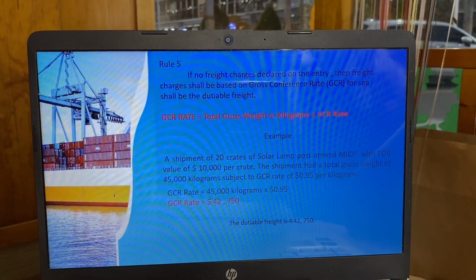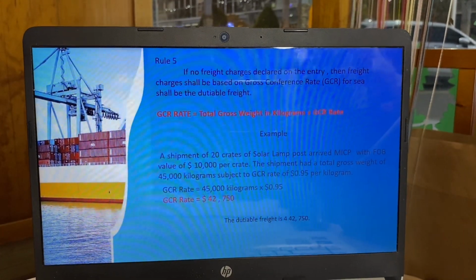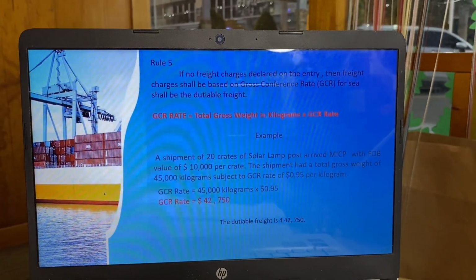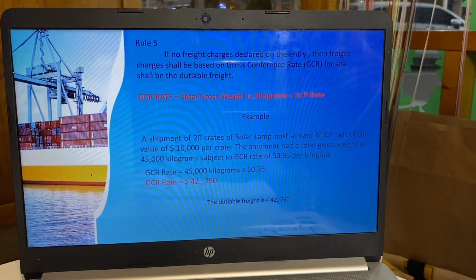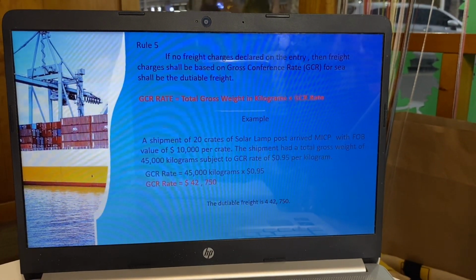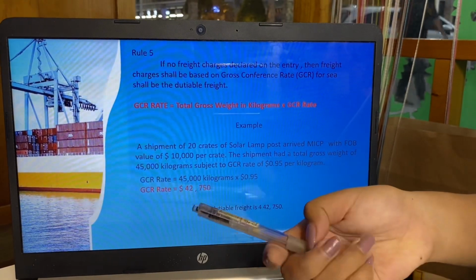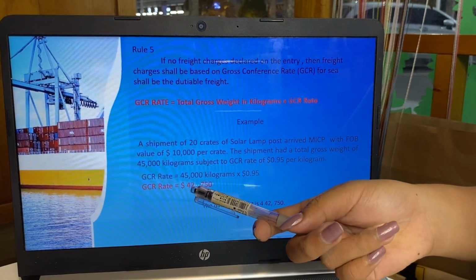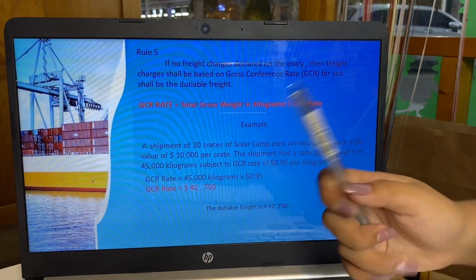So ato ang total gross weight in kilograms in example number 5 is 45,000 kilograms, and then we're going to multiply it with the GCR rate, which is the 95 cents. So 45,000 kilograms times 0.95, ang ato makuha kay 42,750. That would be our dutiable freight.